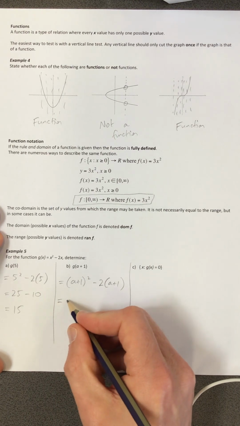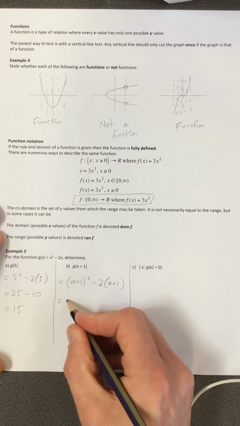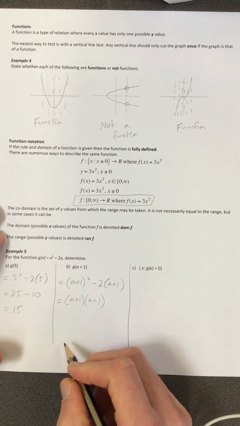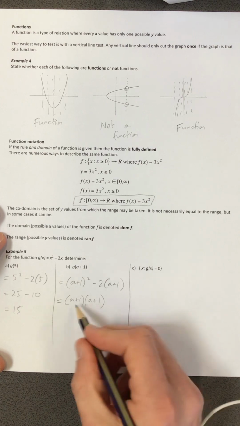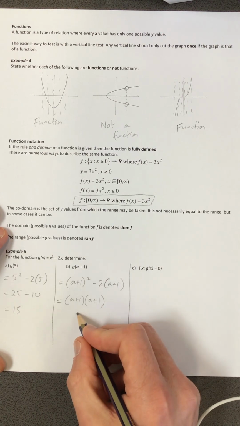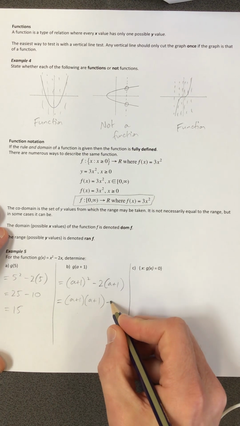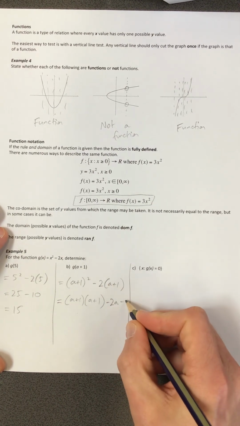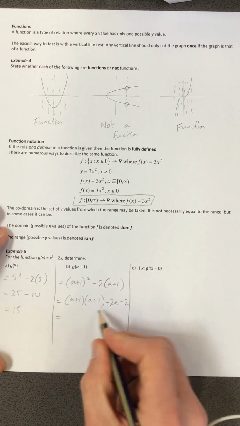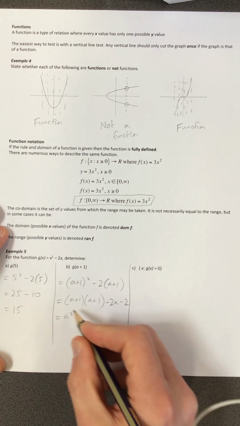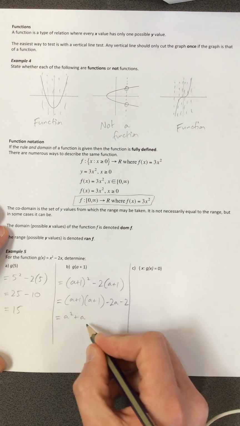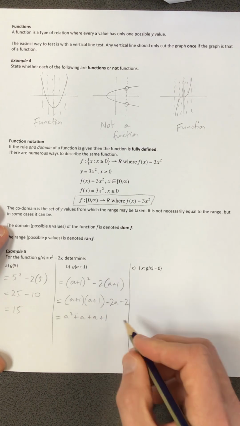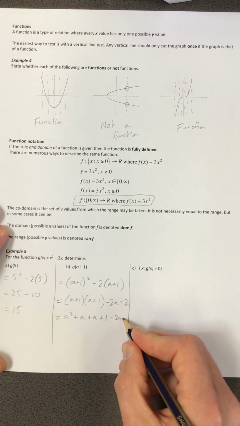So let's do that. Remember that a plus 1 squared really means a plus 1 times a plus 1. So when we expand that properly, we're going to get 3 terms out of that, and I'm just going to put here minus 2a. So let's expand this one. Minus 2a and then minus 2. So this here is a squared plus 1a plus another 1a plus 1 times 1 minus 2a minus 2.